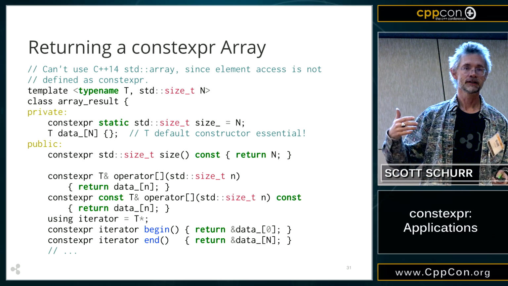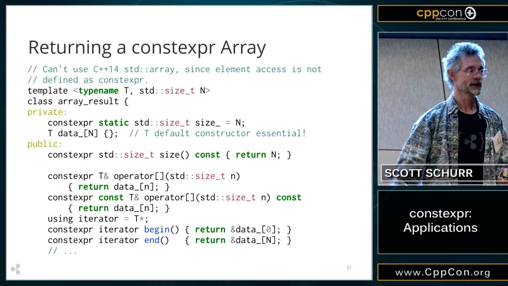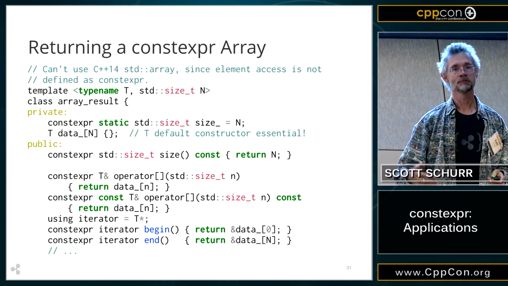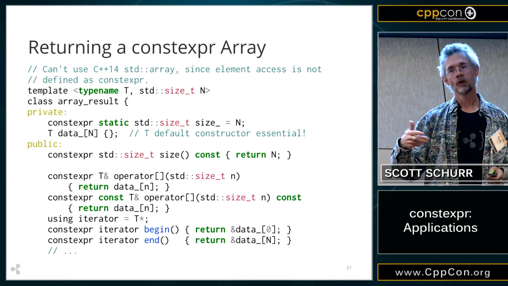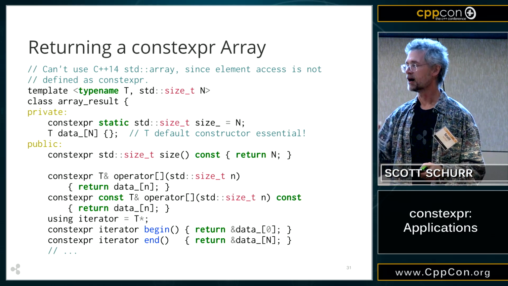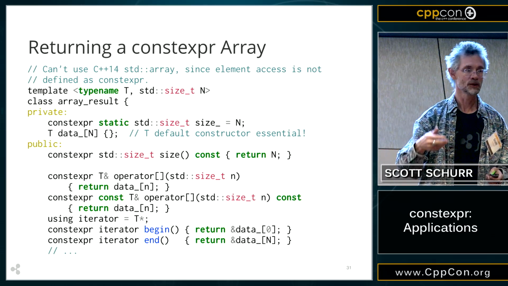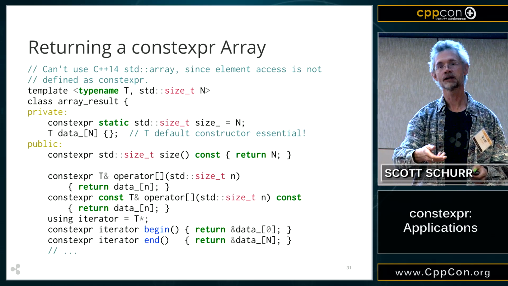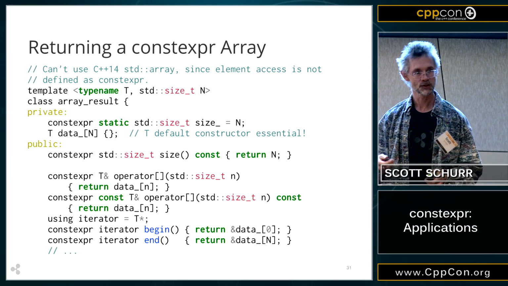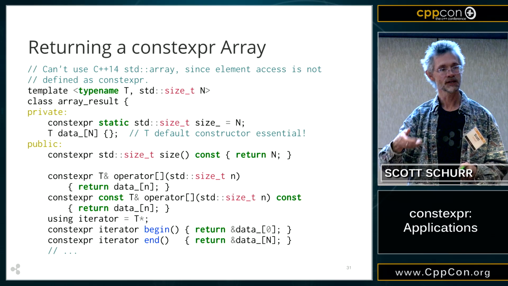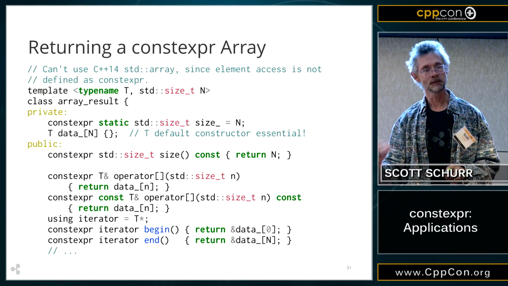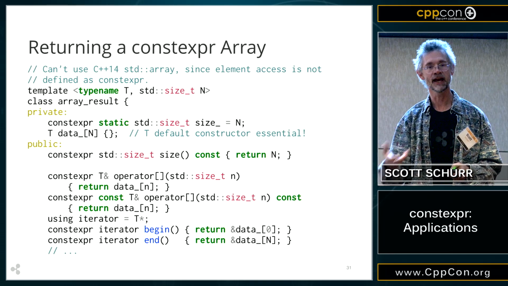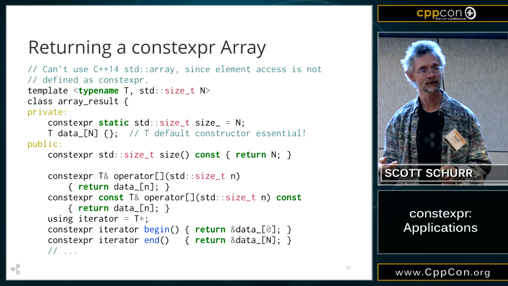So if we're going to advance further on constexpr containers, we're going to want to be able to return a constexpr array. What I found was that oftentimes the return array was based on the size of the input. So I'd hand in, say, a bunch of char stars, and I would get back a container that had as many elements as the char stars came in.